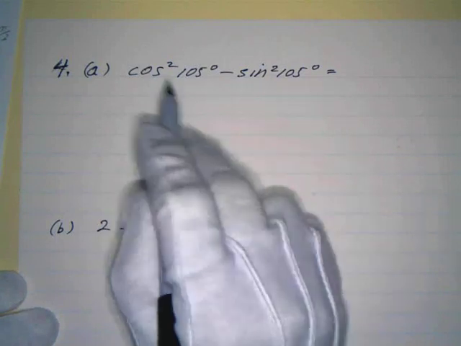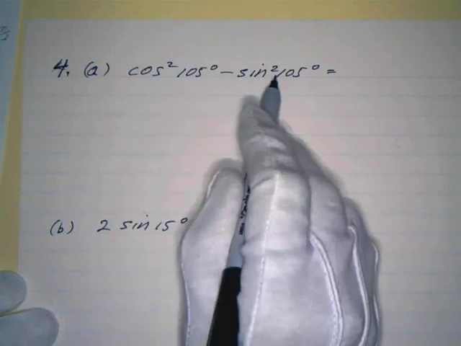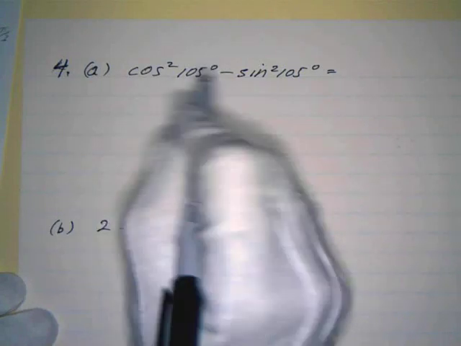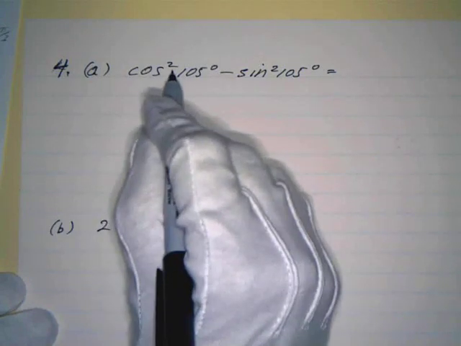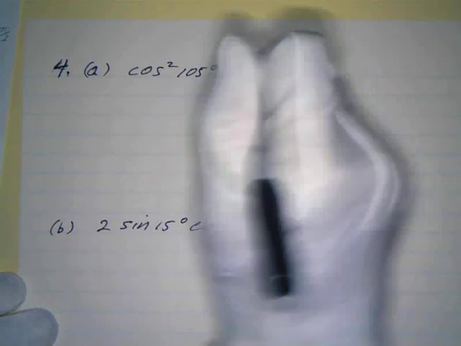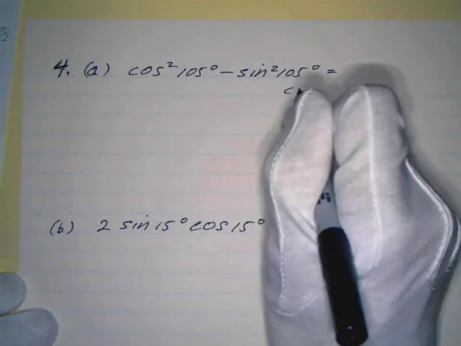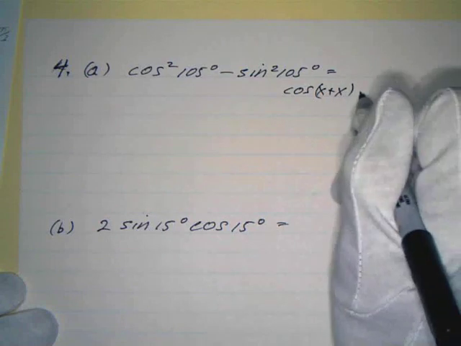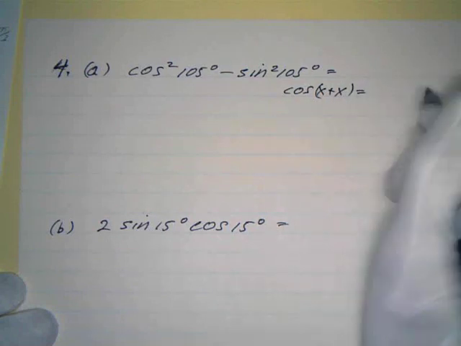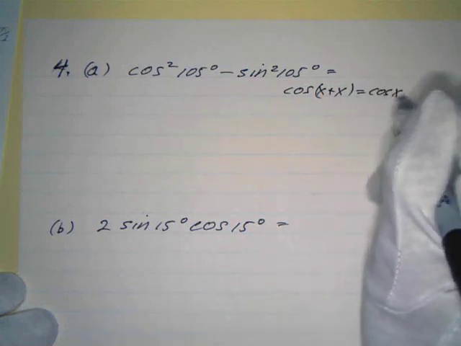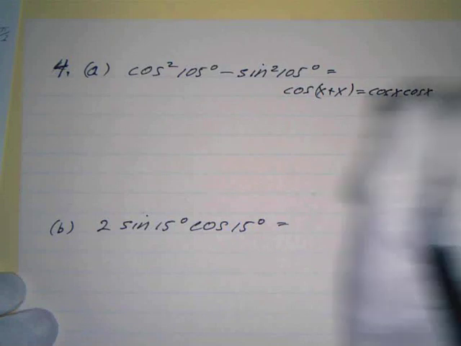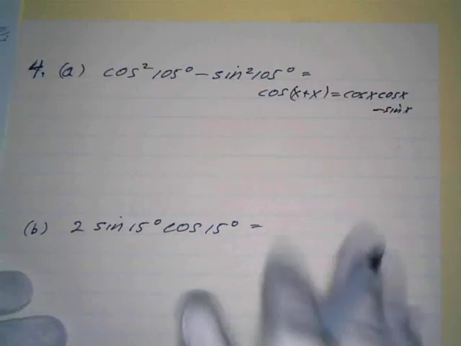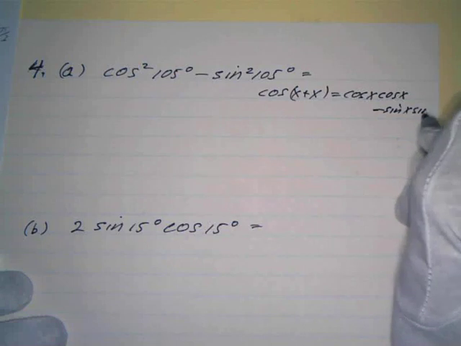So this looks like the cosine for the double angle formula. All right, we derived that, so you just have to kind of remember this, but anyway, it's real easy to derive because we can think of cosine of x plus x, and that's cosine x cosine x minus sine x sine x.